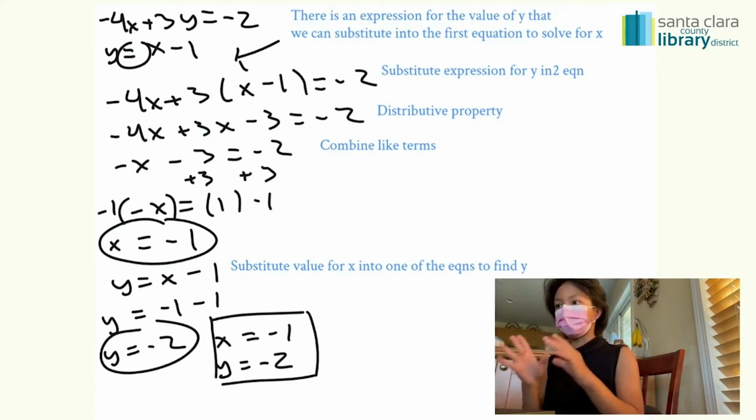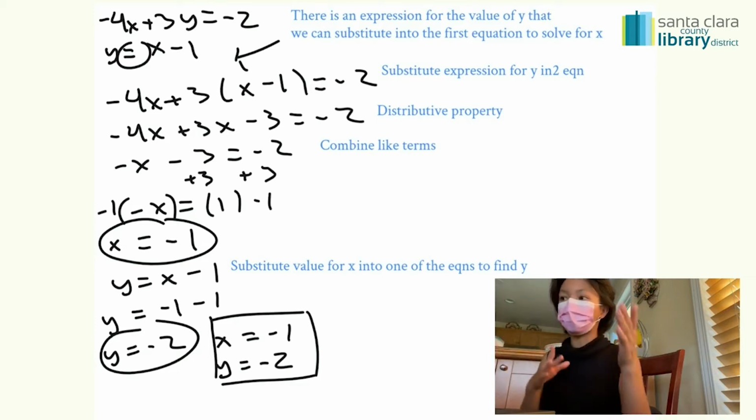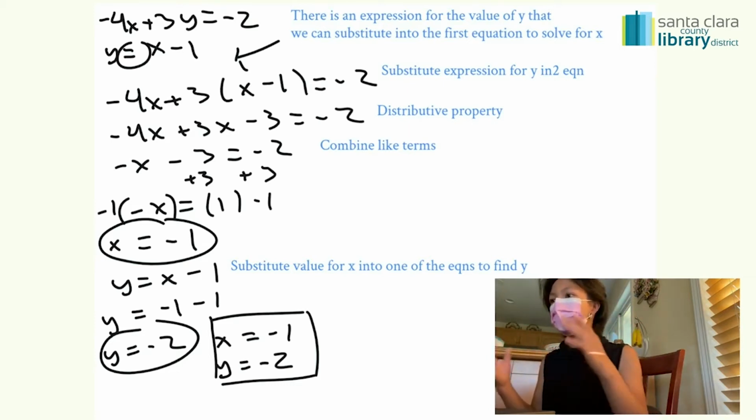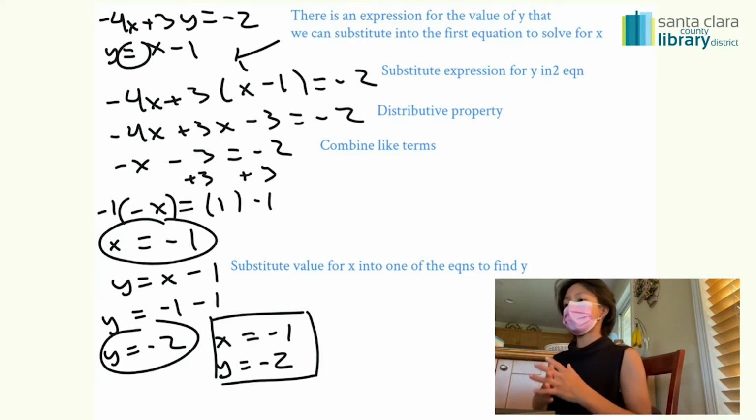So negative 4x plus 3y, which is equal to the expression x minus 1, equals negative 2. Then we do the distributive property: negative 4x plus 3x minus 3 equals negative 2. Combine like terms: negative x minus 3 equals negative 2.